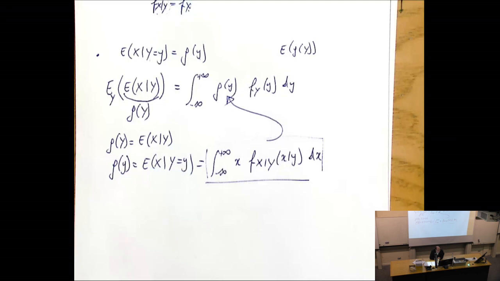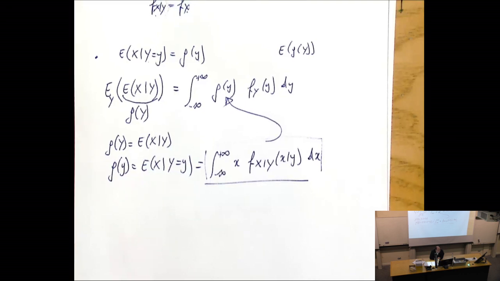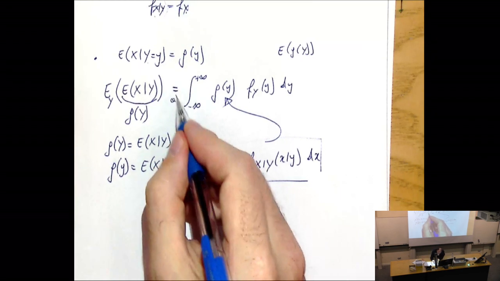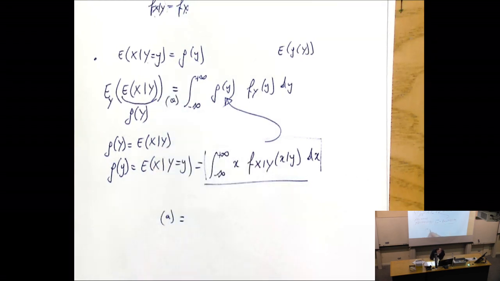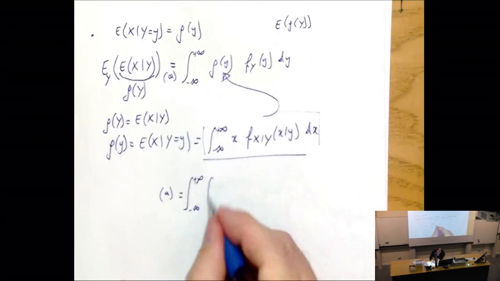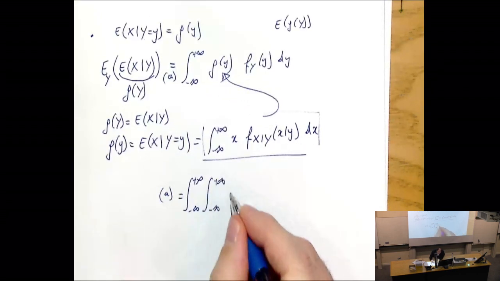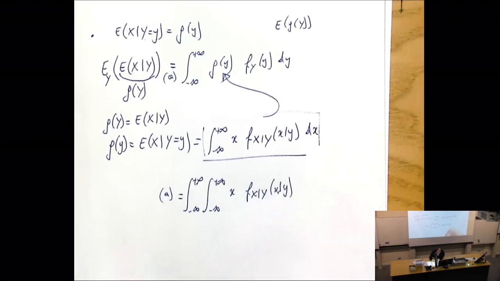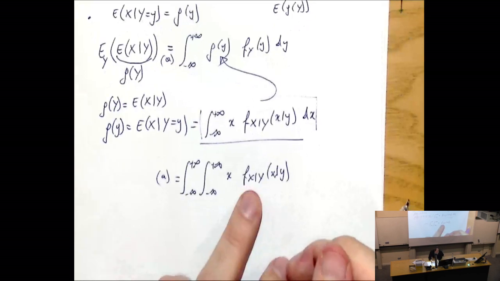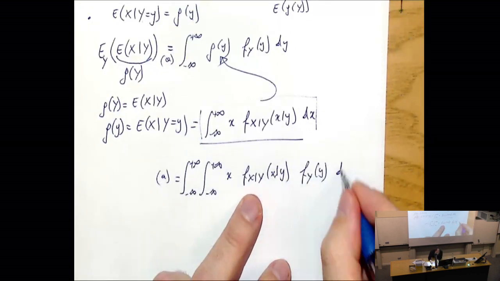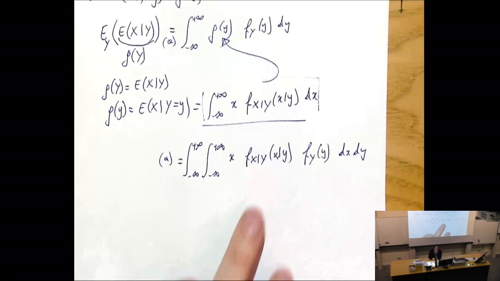You all follow? So, writing this as A, it is equal to the integral between minus infinity and plus infinity of x multiplied by the conditional probability density function of x given y, multiplied by the marginal of y, dx dy.